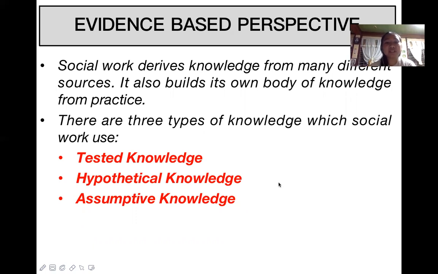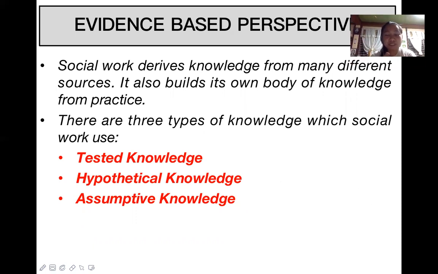So social work derives knowledge from the different sources, and we usually say that we're borrowing that field of knowledge from practice. Generally, we have three types of knowledge: the tested knowledge, the hypothetical knowledge, and the assumptive knowledge.